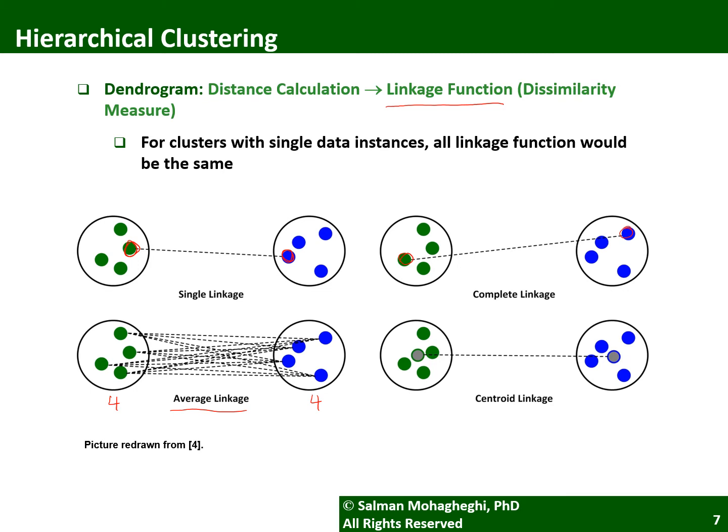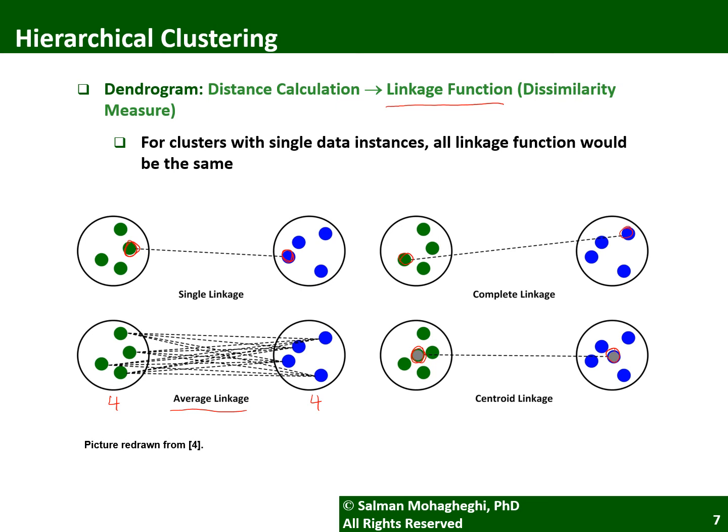Lastly, we have the centroid linkage, in which we calculate the centroid, or the mean of cluster green and the mean of cluster blue, and then we measure the distance between the two means. So these are the 4 different ways through which we can measure the distance or dissimilarity between clusters.